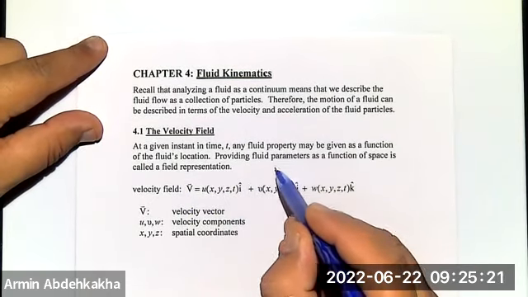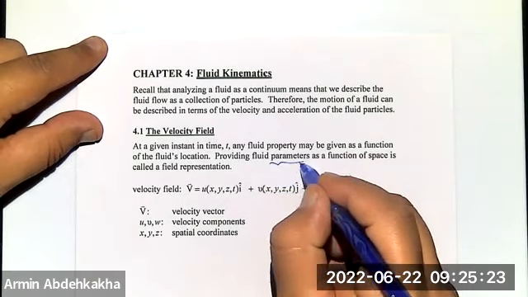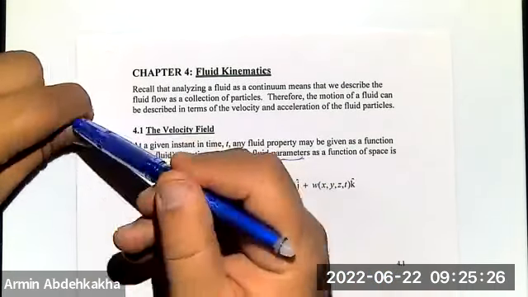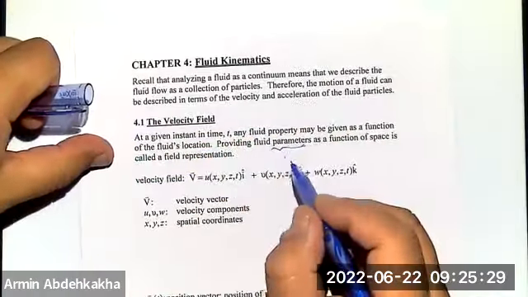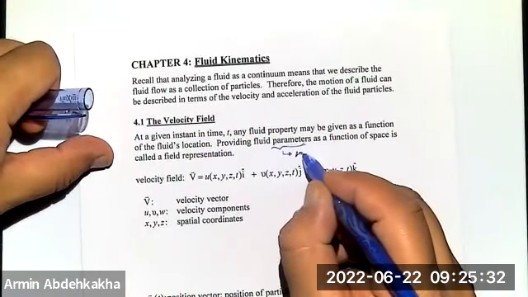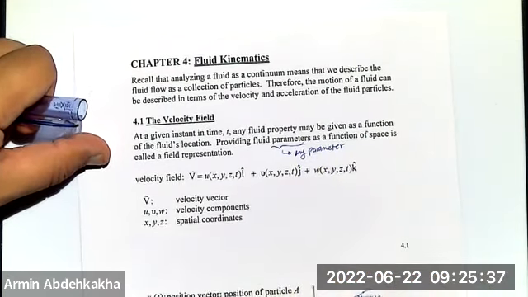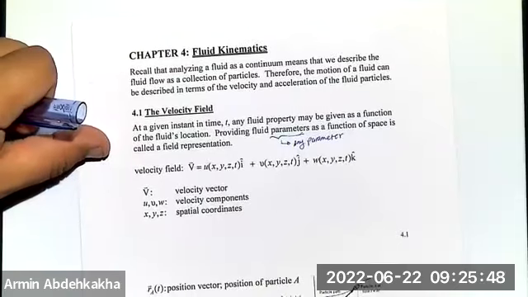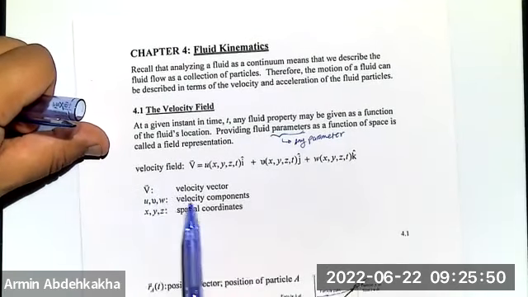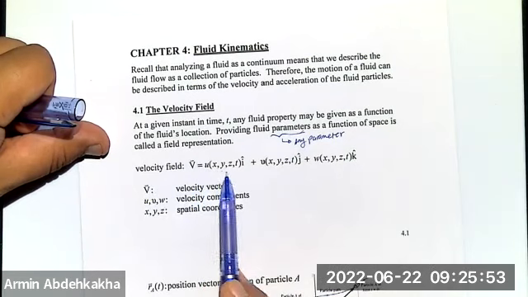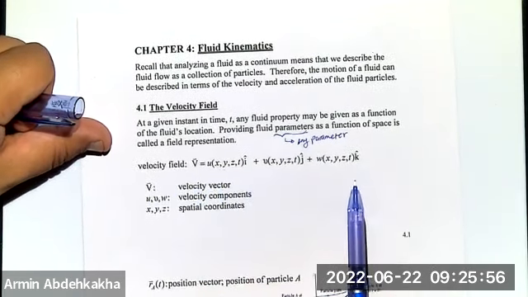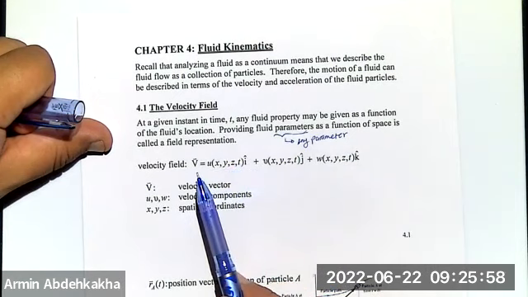It should be noted here that it could be any parameter. The velocity field is the velocity components in each direction, and it is also a vector, right?